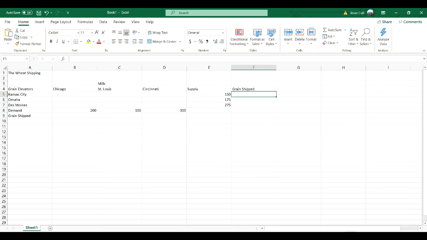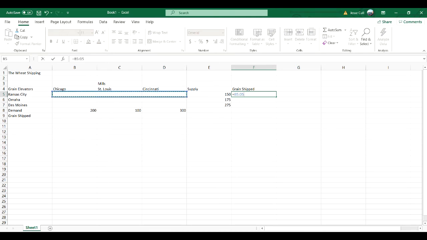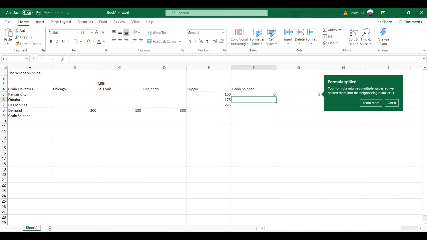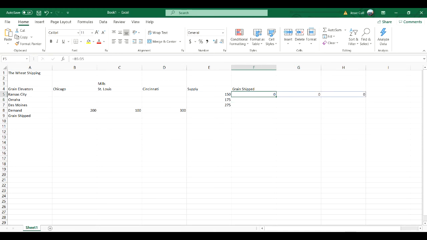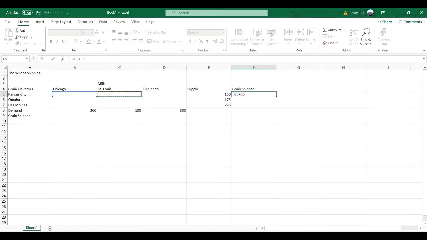Here we simply add in a very simple equation: equals B5 plus C5 plus D5. And we'll fill down here.